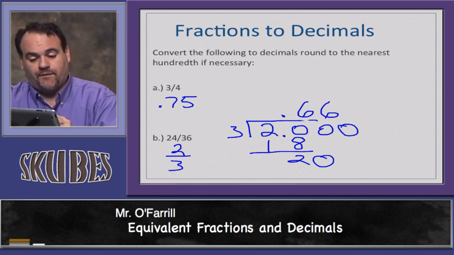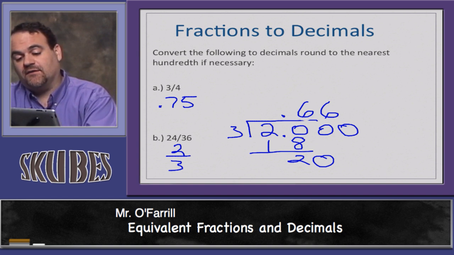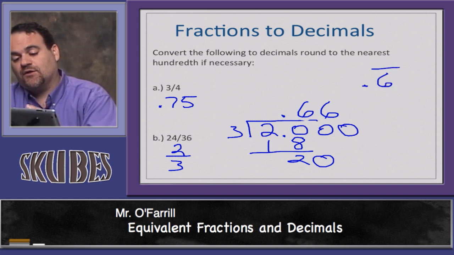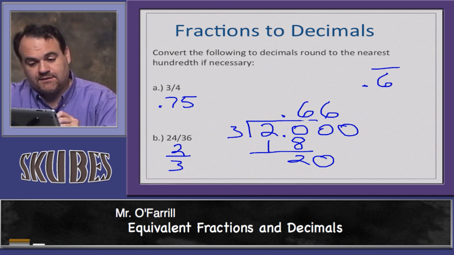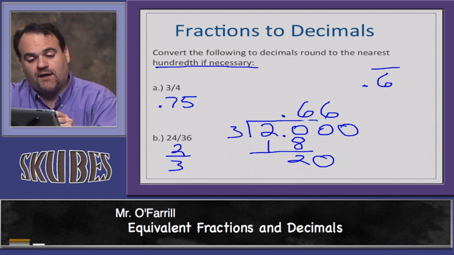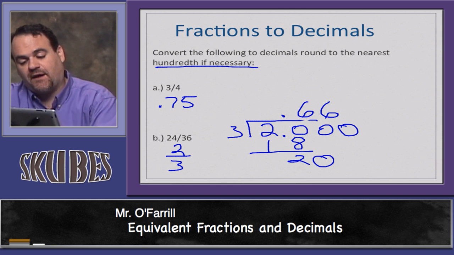If you want to give the exact answer, we can say that this is 0.6 repeating, but instead, since this asks us to round to the nearest hundredth if necessary, and we know that the next number in this pattern is going to be another 6.